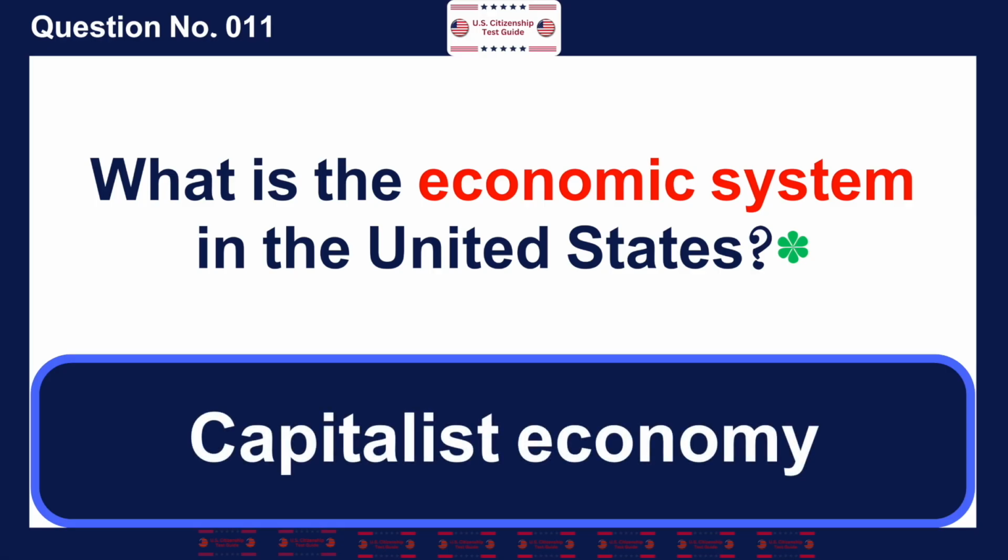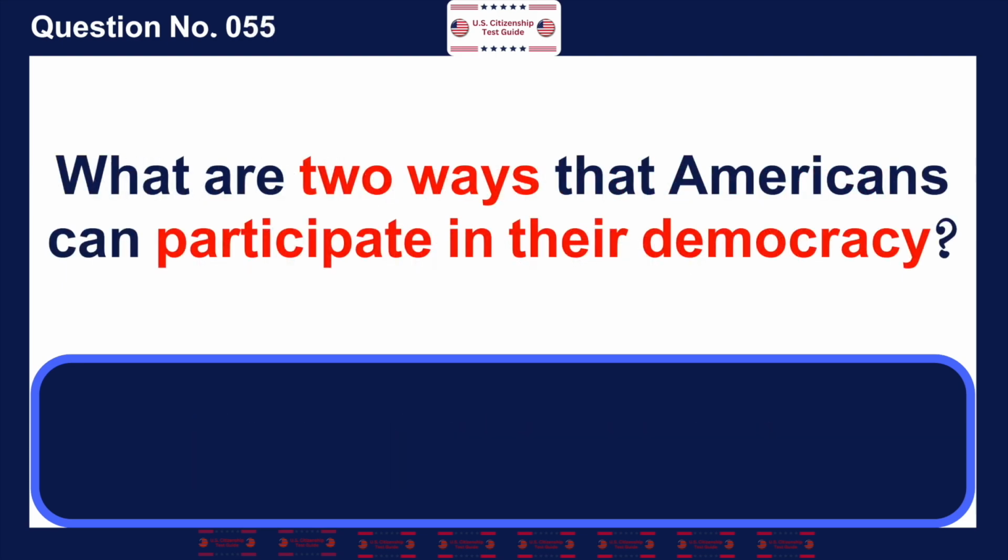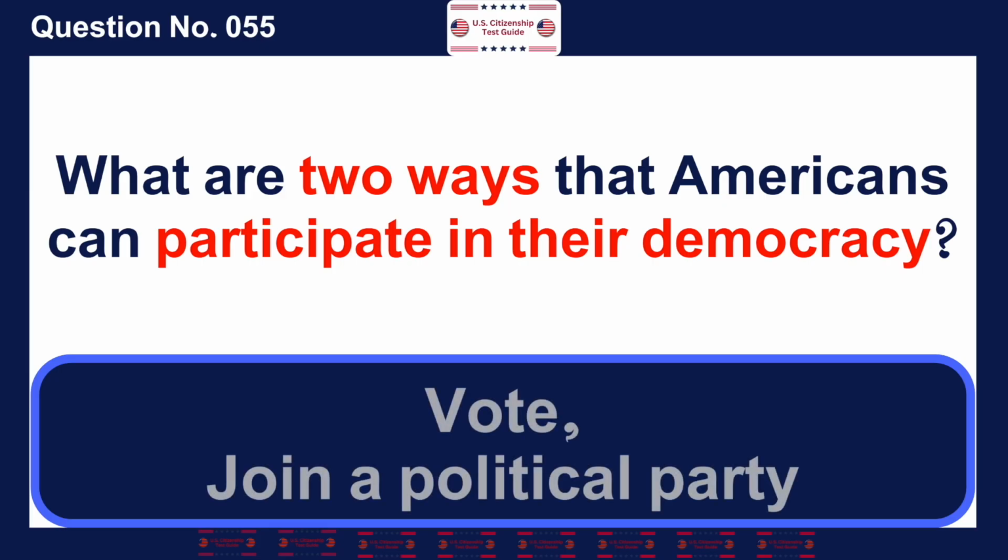Market economy. What are 2 ways that Americans can participate in their democracy? Vote. Join a political party.